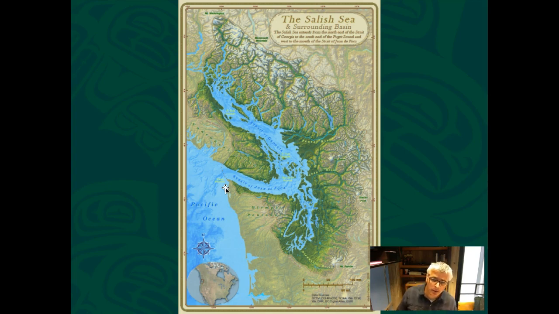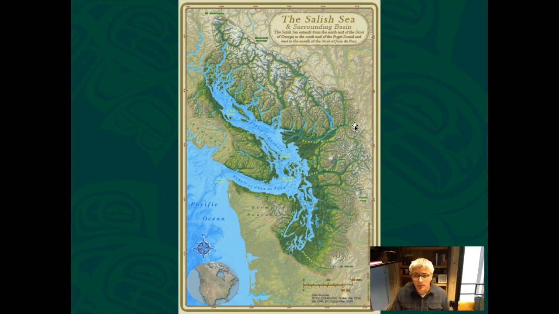So there's a very practical reason to think about this area as a single unit as opposed to three distinct units. But this boundary, this line where the map gets a little bit darker from a little bit lighter, this boundary extends beyond the salt water. So when you say the Salish Sea, we're not just talking about the marine environment, we're also talking about the terrestrial environment surrounding it.